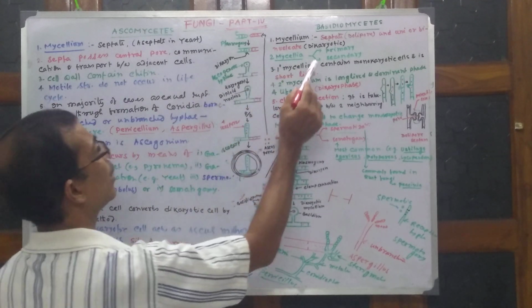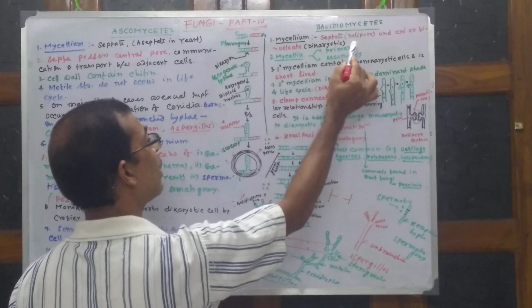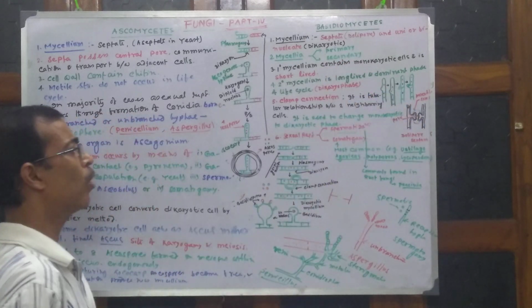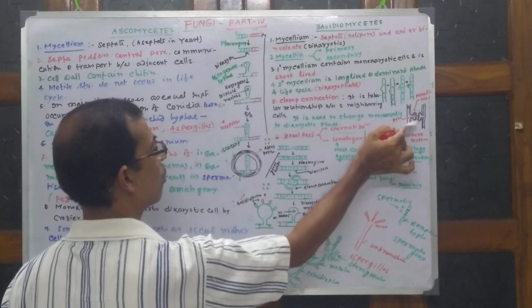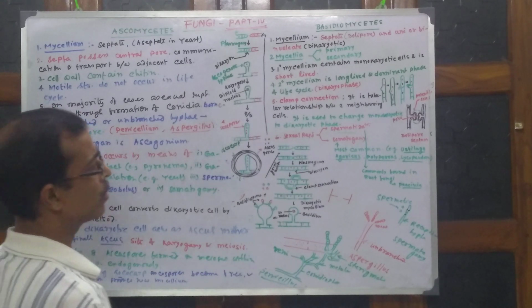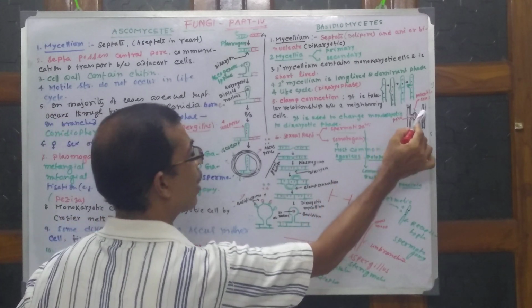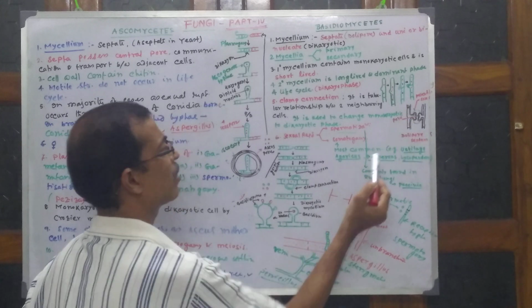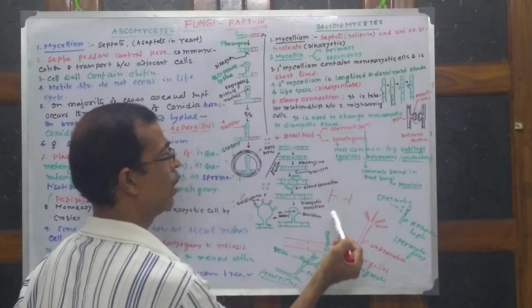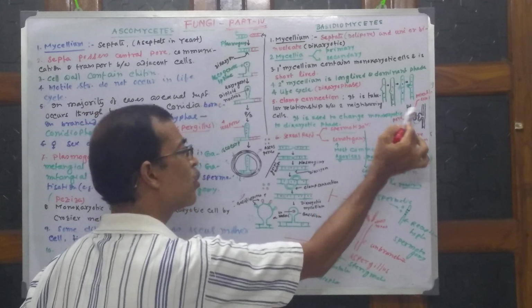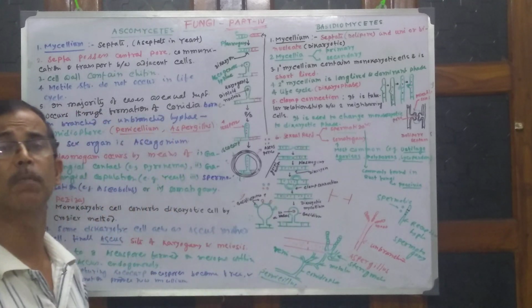About Basidiomycetes. First, the mycelium. It is also septate, and the septa possess a special type of pore, the dolipore septum. Dolipore septum means that around the pore there is a bracket-like structure, the parenthesome. But this parenthesome or dolipore septum is absent in rust and smut fungi.